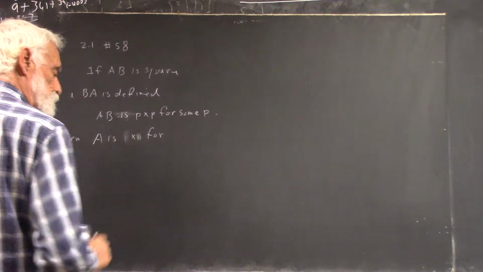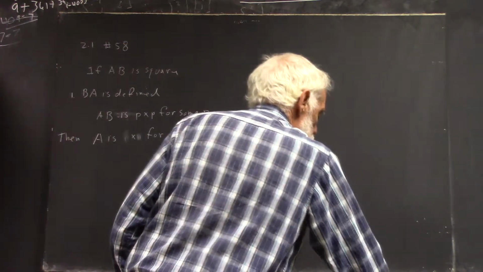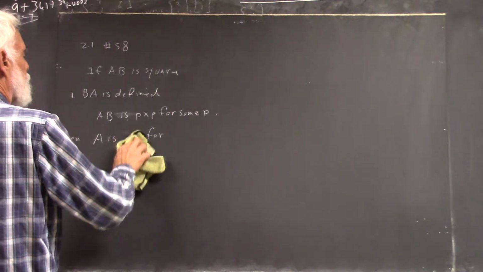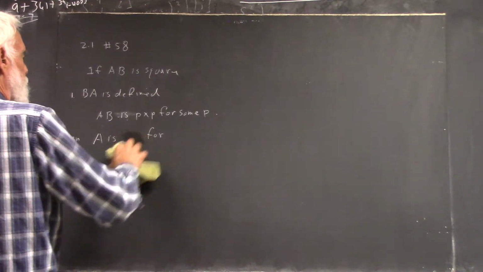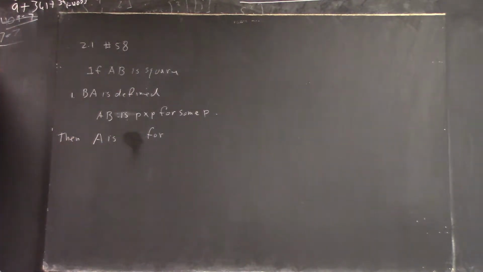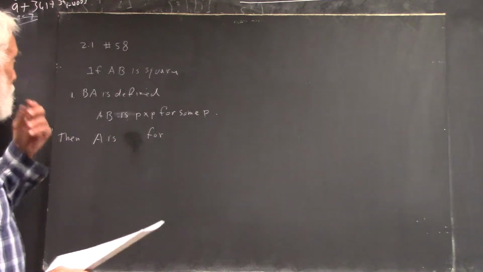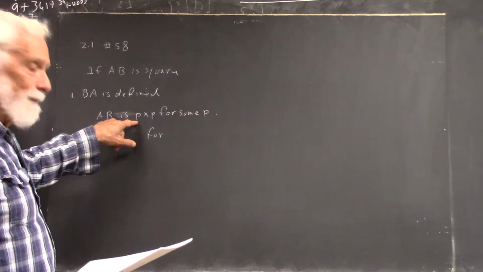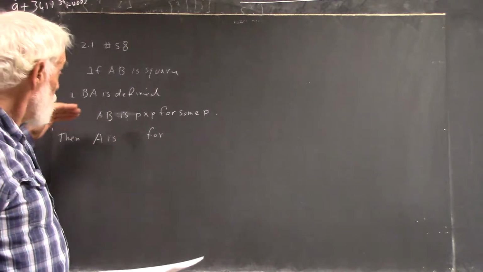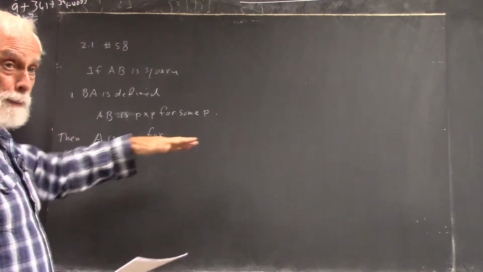So, how many rows? But what can you say about the rows and columns of A if AB is P by P? P by something. Okay, well, it means that AB has P rows, so the number of rows in the product AB has to be equal to the number of rows in A, right?